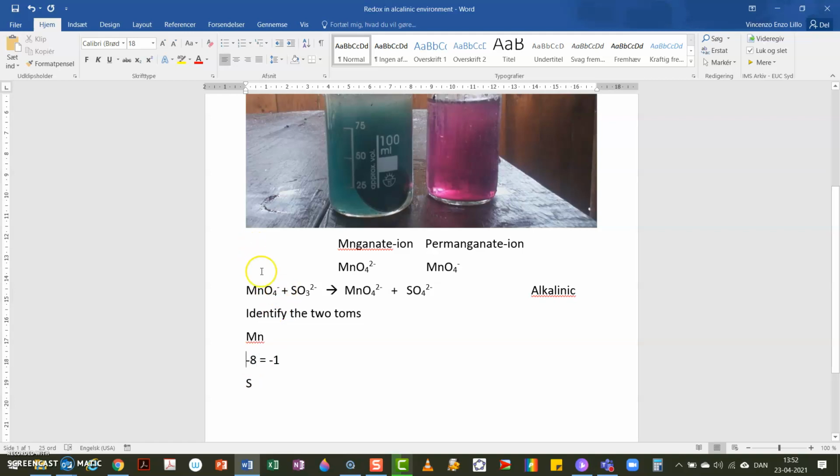And the manganese then must have an oxidation state of +7. So at the left side of the arrow, it goes from having +7 to, and now we look at the right side of the arrow.